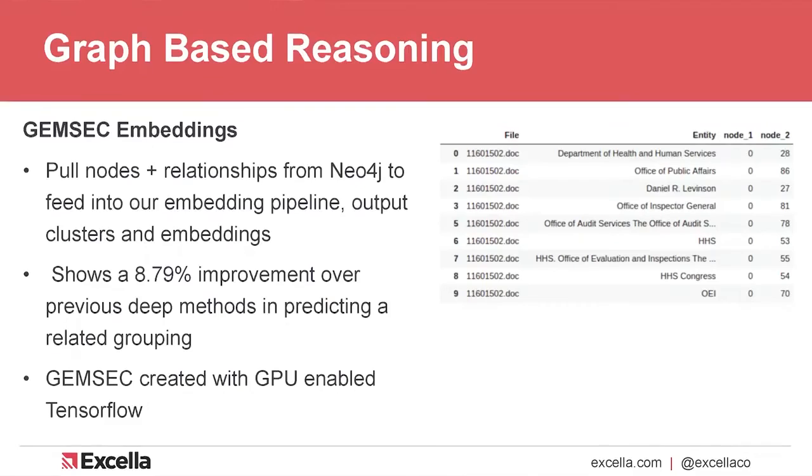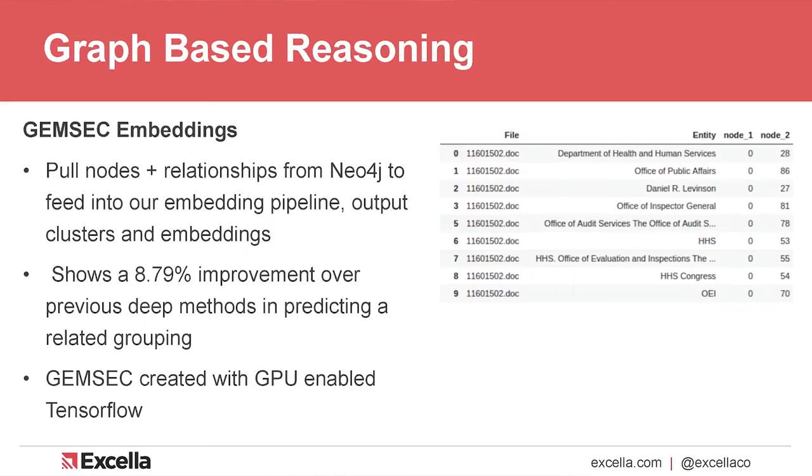All right. We look at these relationships through an embedding structure, and same thing with the GemSEC embeddings. So we pull the nodes in, and we do some computation over that, so that will give us our actual clusters.